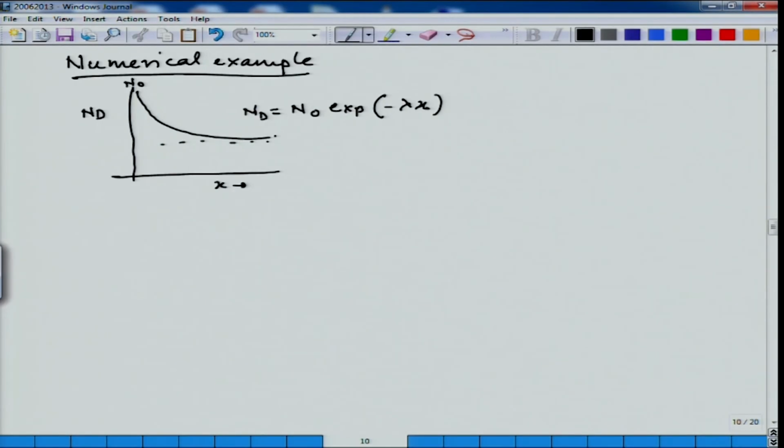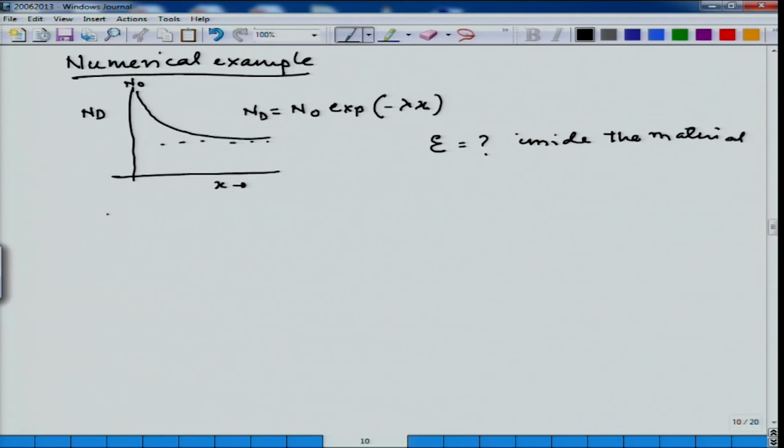This is the behavior in a semiconductor. What we want to find out is what is the electric field inside the material because of this non-uniform doping of the material.